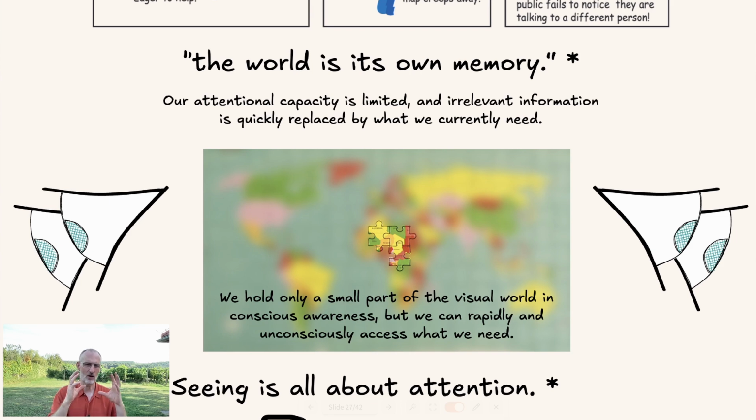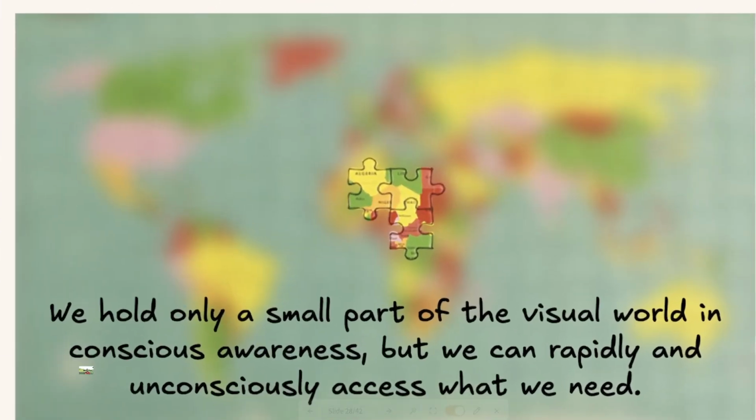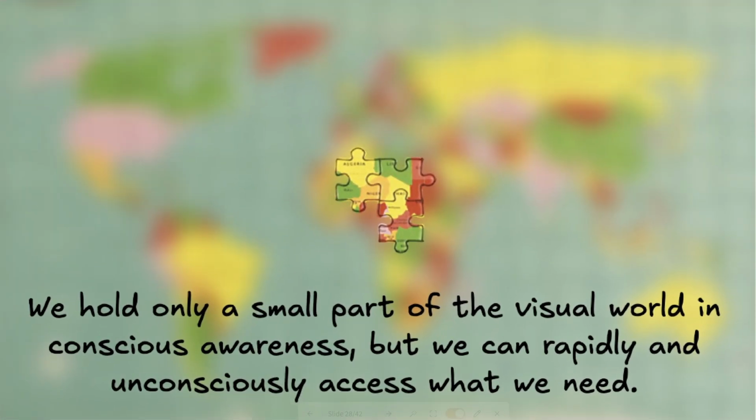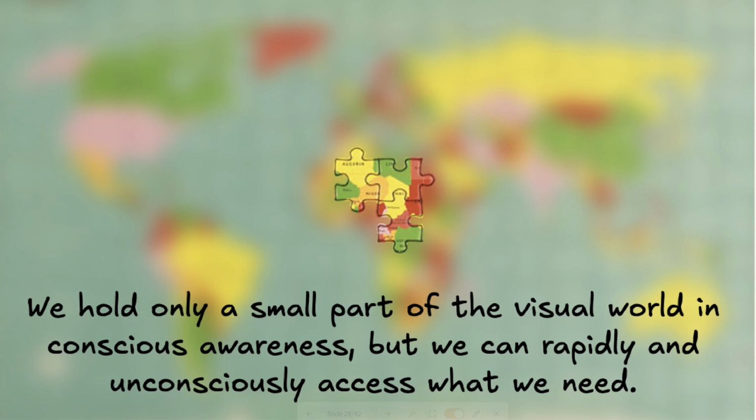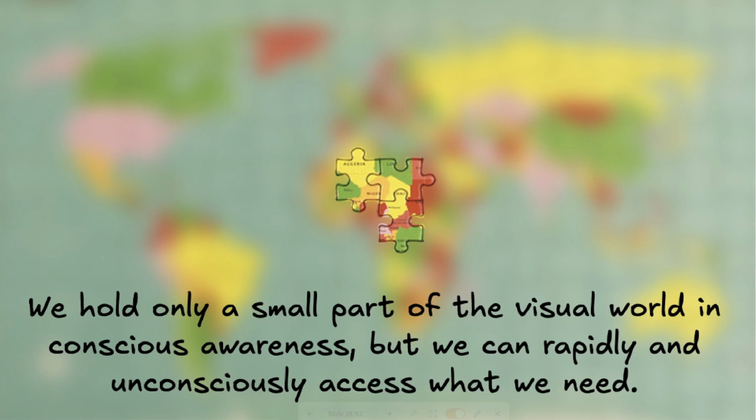Because our attentional capacity is so limited, we forget irrelevant information very quickly, and it's replaced by information that we currently need. It's like this: this is a map of the world, but you will only focus on the small part that you need from that information. This is your entire environment, and you're only going to focus on the pieces of information that you immediately need.